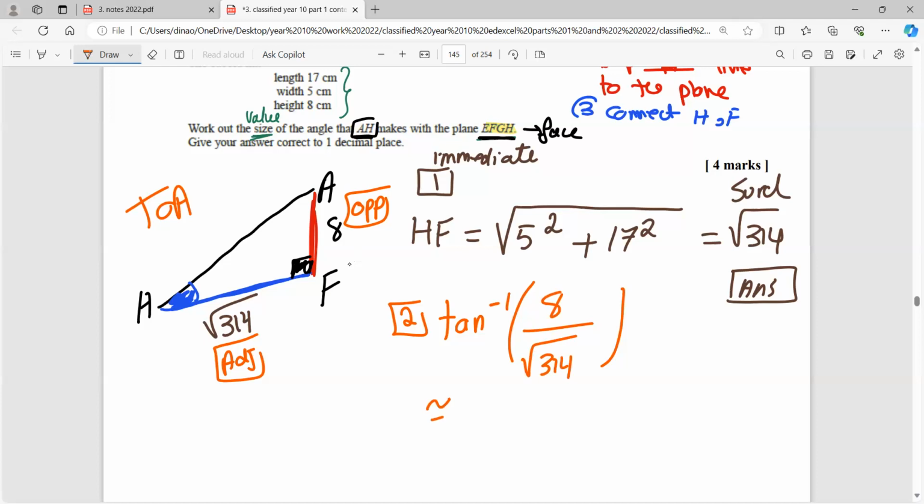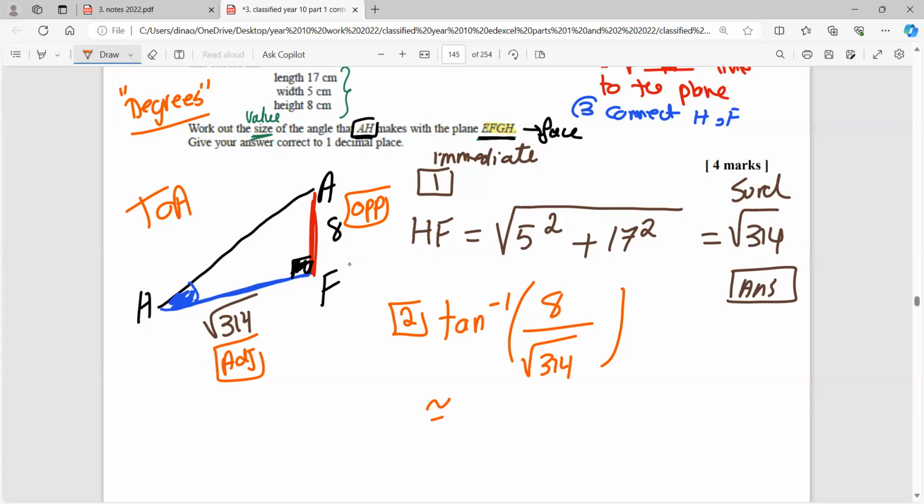And then on your calculators, please, make sure that your calculators are set on degrees before you solve any trig question, O-level trig question. So if your calculator is not set on degrees, just press shift mode and then select degree. Now on the calculator, I will calculate my angle over here, 8 over root 314.